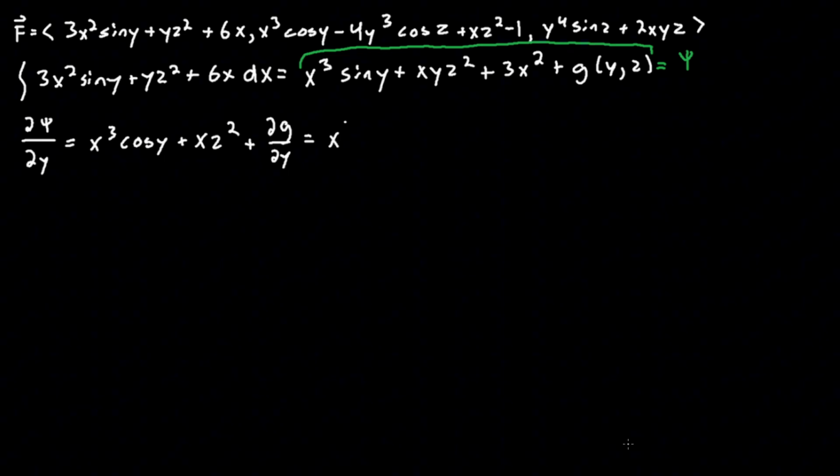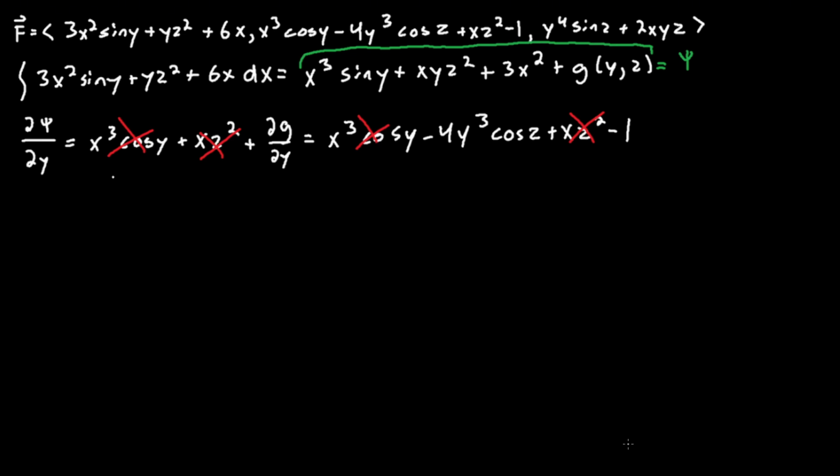The second component is x cubed cosine of y minus 4 times y to the power of 3 cosine of z plus xz squared minus 1. Now, as you've noticed, you can cancel these out, and you can cancel out these terms as well.